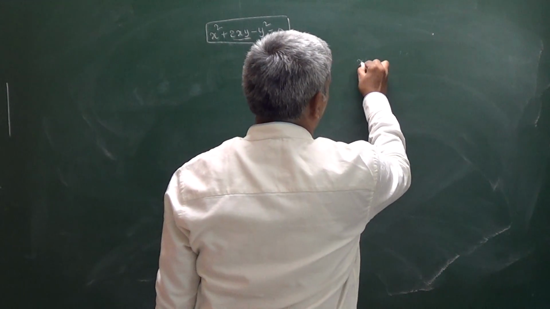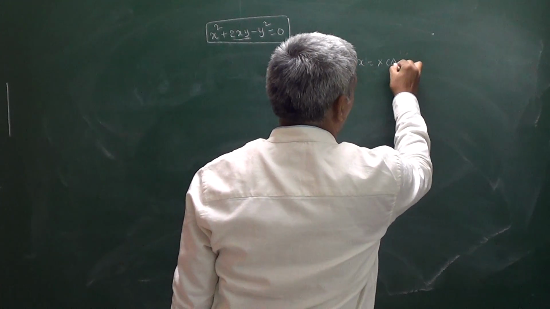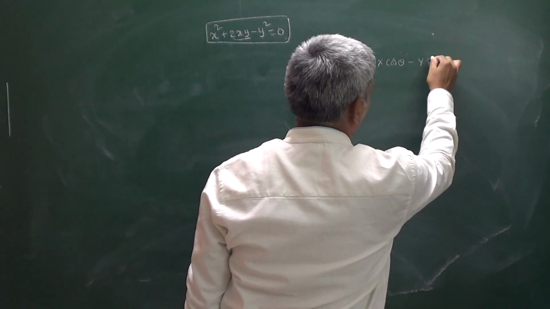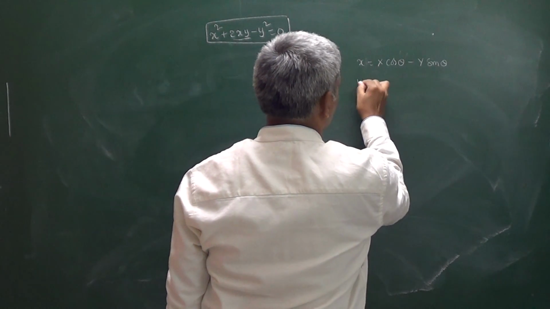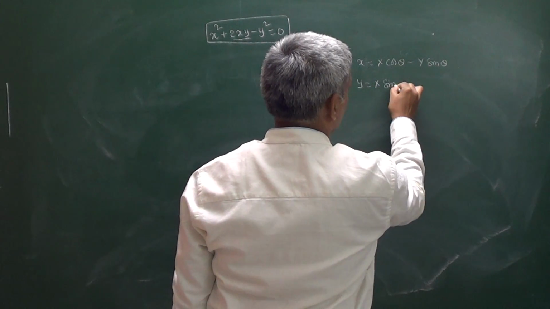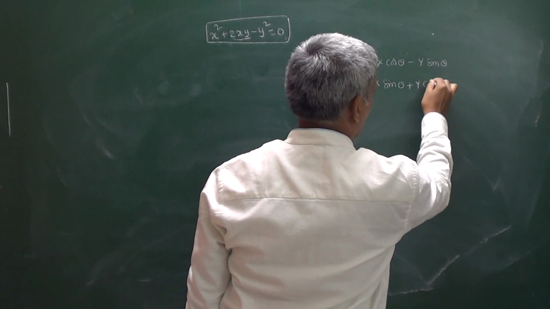Okay, let us say the angle of rotation is equal to theta. x is x cos theta minus y sin theta, and y is x sin theta plus y cos theta.